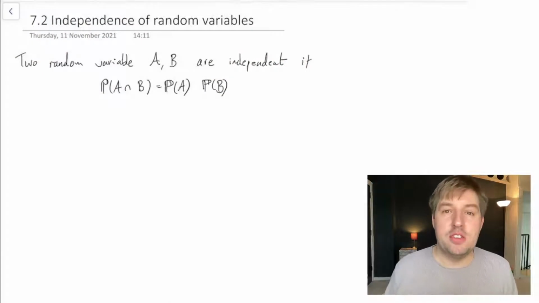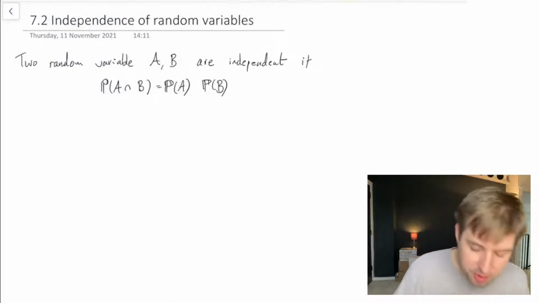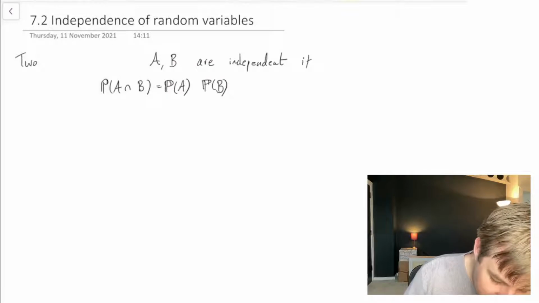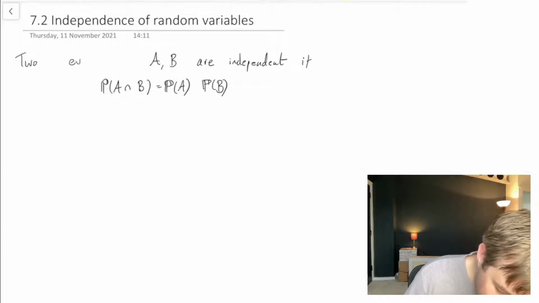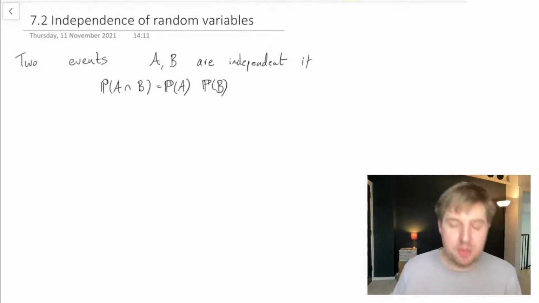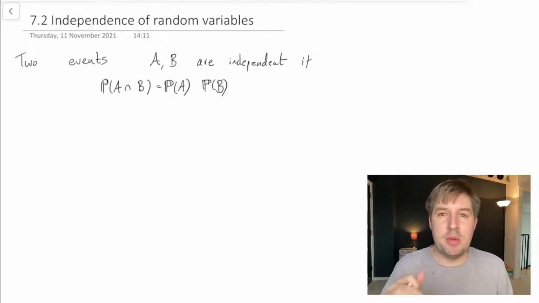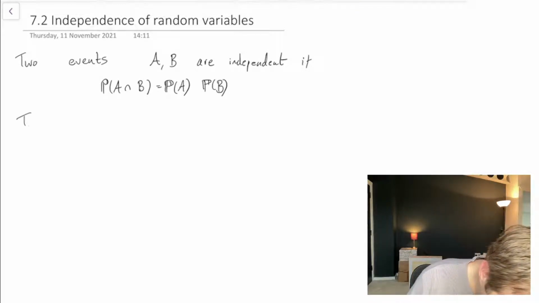As a reminder, this was the definition for events. Two events, A and B, are independent if you get the probability of their intersection by multiplying together the probabilities. So we can have a similar definition for independence of random variables.